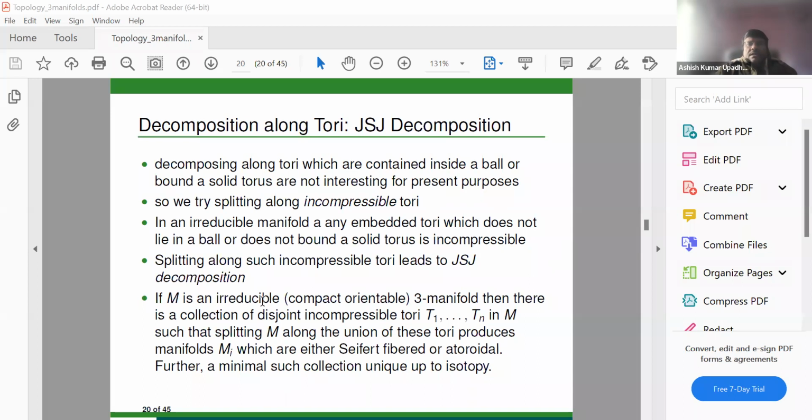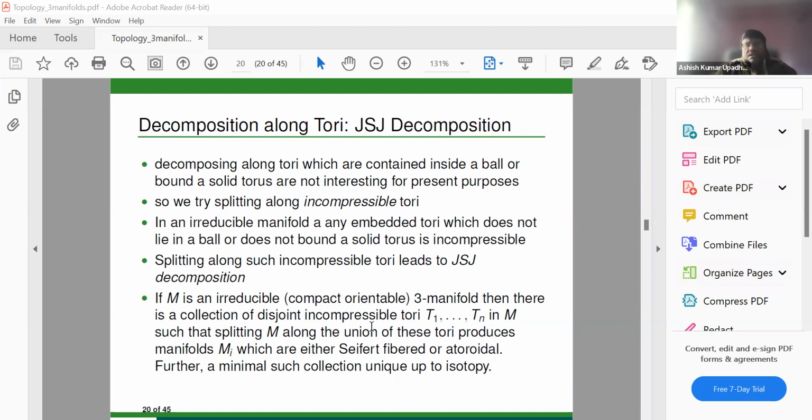Now, if M is an irreducible, compact, orientable, etc., 3-manifold, the JSJ decomposition states this: there is a collection of disjoint incompressible tori in M, such that if we split the 3-manifold along the union of these tori, we get pieces, M_i, which are either some special class of manifold, Seifert fibered manifolds, or atoroidal.